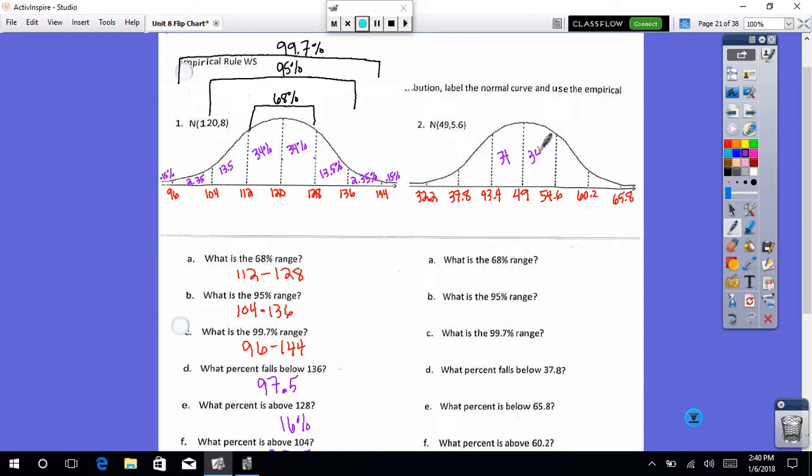So 34 in each of these, 13.5 in each of these, 2.35 in my little babies here, and then of course my tiny tails, 0.15.